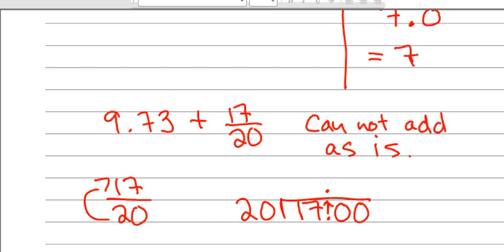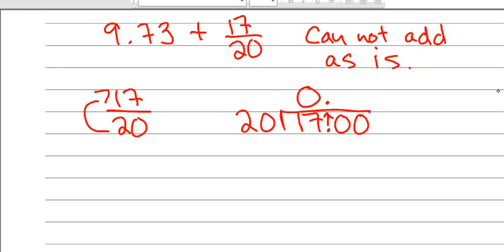Does 20 go into 17? Too big, no. Does 20 go into, or does 2, let's make it easier, does 2 go into 17? 2 times 8 is 16, that's pretty close.